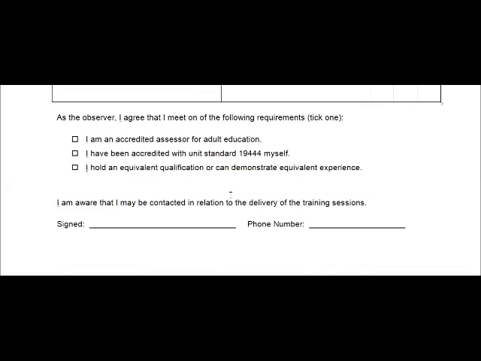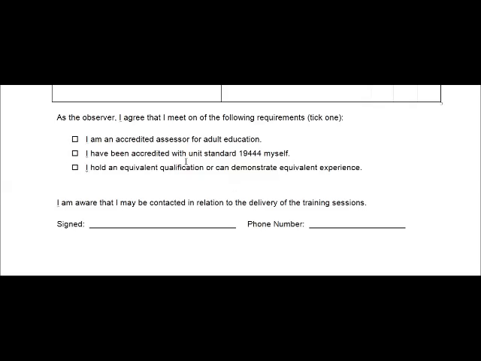Now, if you are doing this assessment in conjunction with, for example, 7115, where also you have to use three training sessions, then your observer could also be observing you for 7115 at the same time. Okay, so these three training sessions could be the same three training sessions that you're using for another assessment.